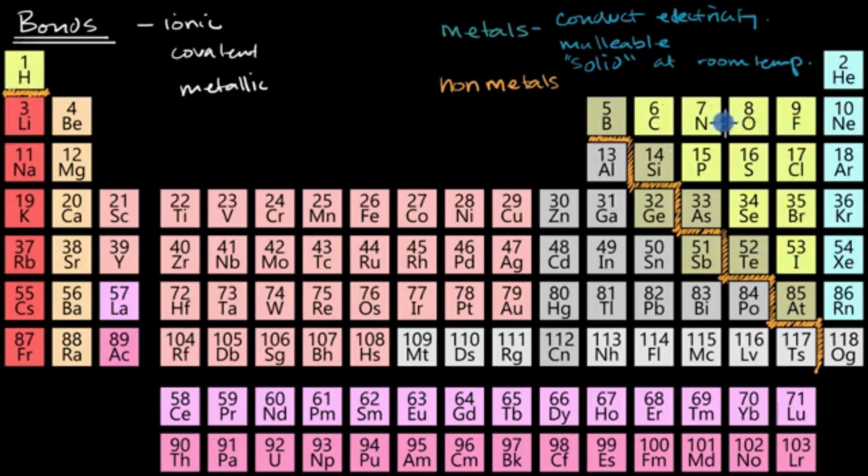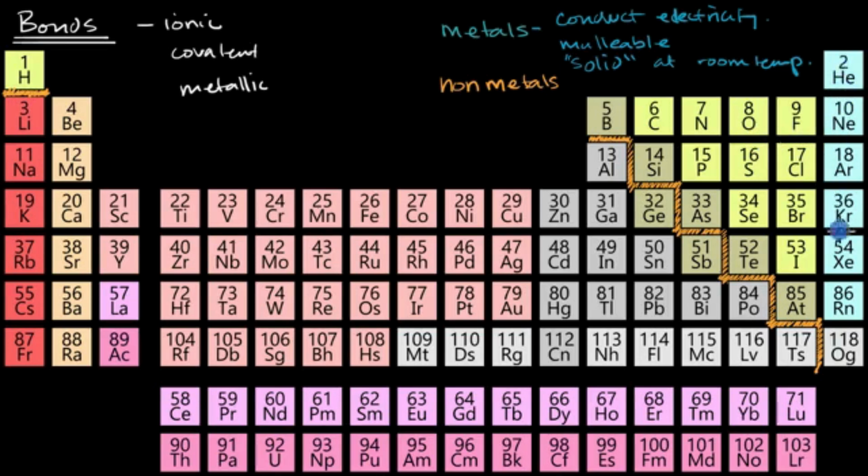If you look at the color code from the folks who made this periodic table of elements, everything in this yellow color, so hydrogen and carbon and nitrogen and oxygen and fluorine, chlorine, I could keep going, these are all nonmetals. Generally speaking, at room temperature, they will be in a gas form and they will not conduct electricity well.